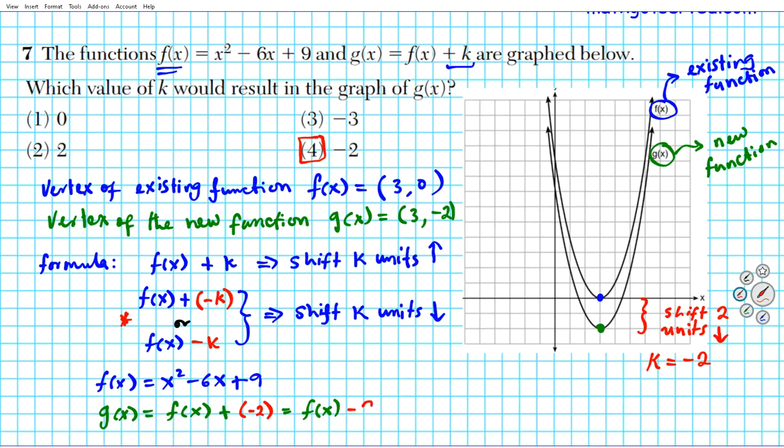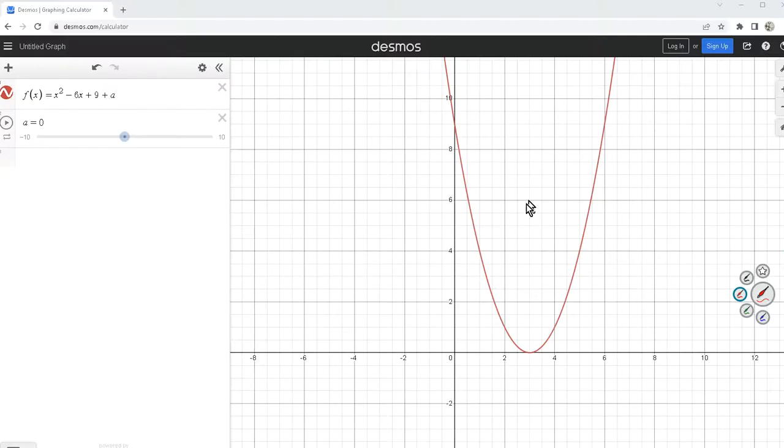So we're subtracting 2 from the existing function. That's what causes it to shift downwards. It's going to be x squared minus 6x plus 9, this entire thing, which was the original, minus 2. And that will result in the new function that is below. That's why the answer is option number 4, because it's -2 that was added to the original function.